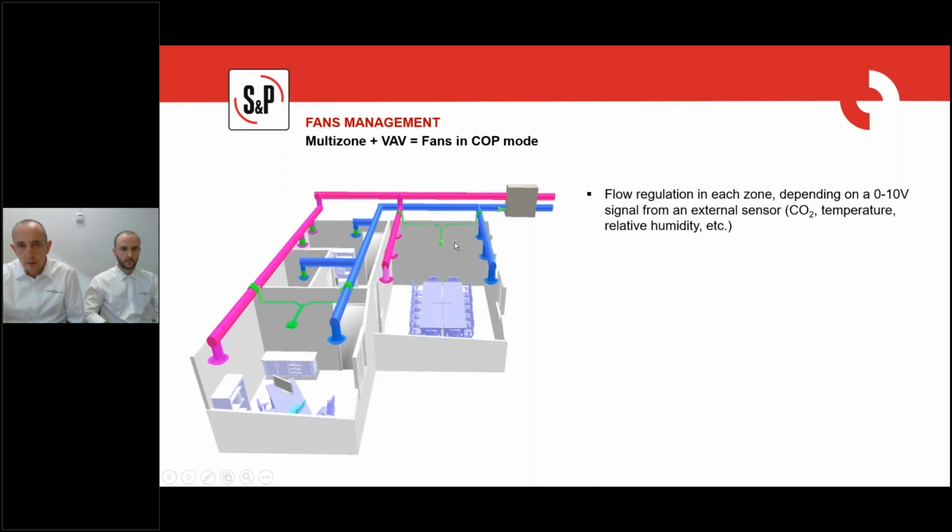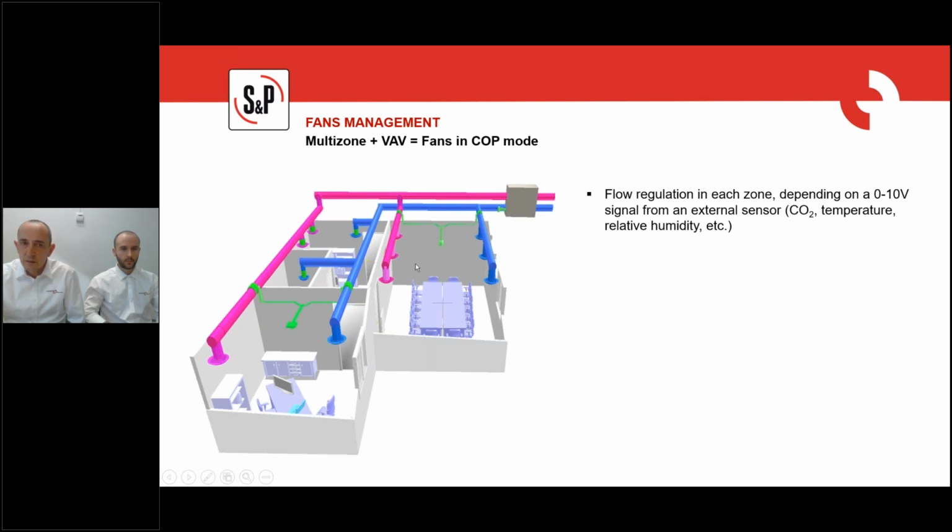For example, a double flow system with a sensor could be a CO2 sensor, which is measuring the concentration of pollutants of CO2 in the ambient, and is regulating not the fan, but the dampers included in supply and extract duct systems.